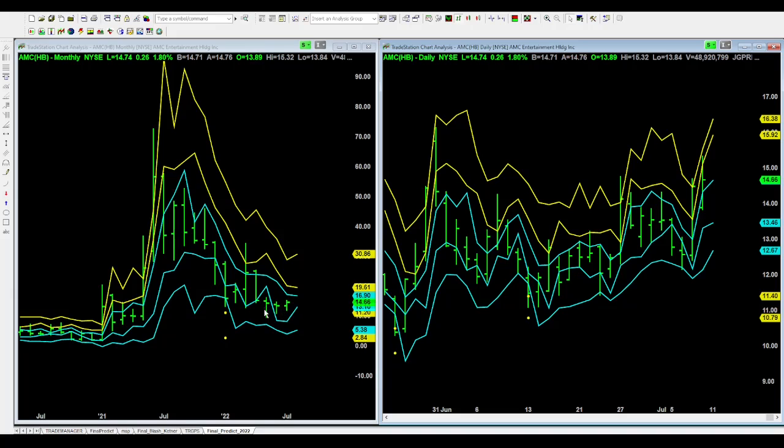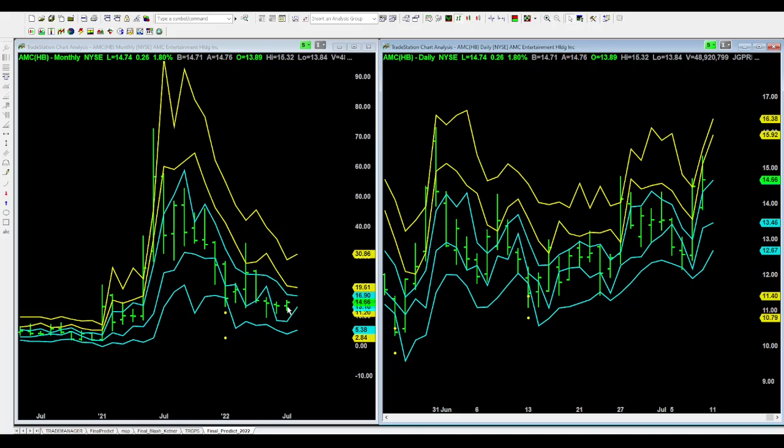Even though they fluctuated around the same price range, this earlier month fluctuated below this trend line, and then last month it fluctuated above this trend line, which is a good sign.